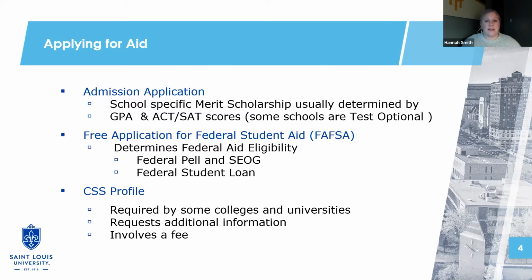Another question to ask: universities have gone test optional in the wake of the pandemic and limited testing options. So are the colleges and universities that you're applying to test optional for admission and scholarships, or just admission? Do you need to submit an ACT or SAT score to be able to qualify for those scholarships? All good things to know as you're going into the admission application and filling out those scholarship applications as well.